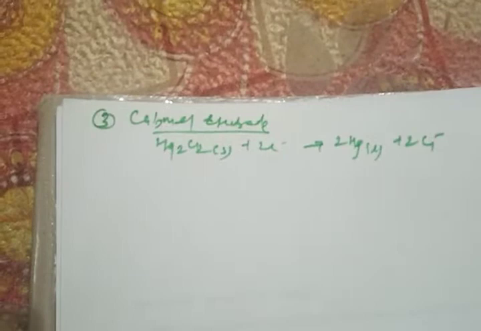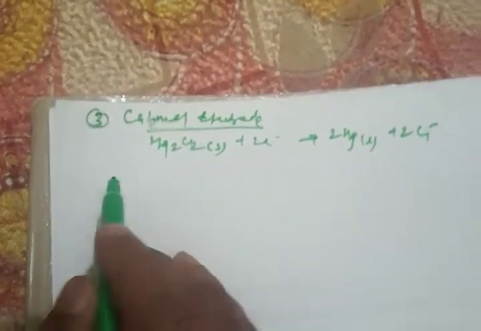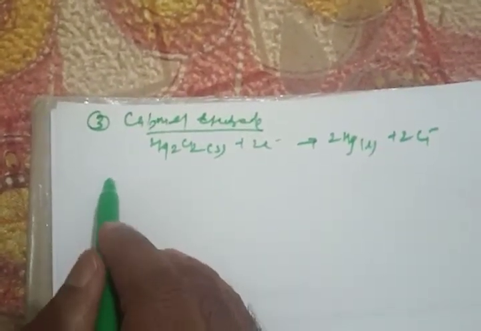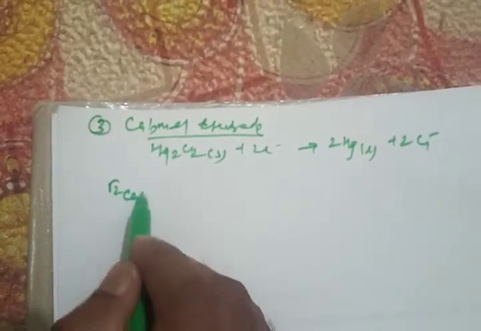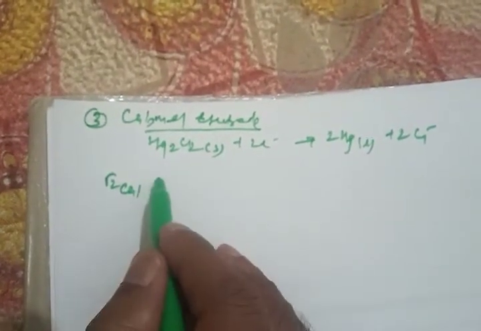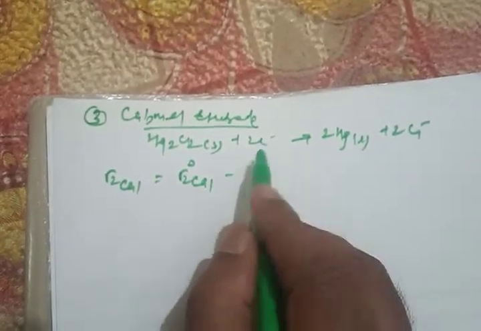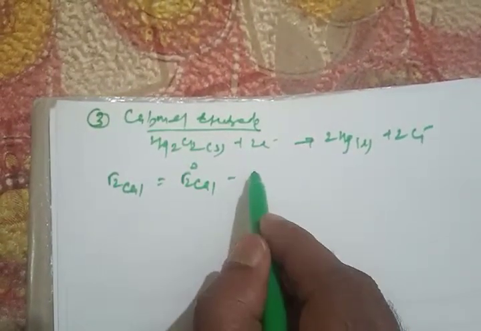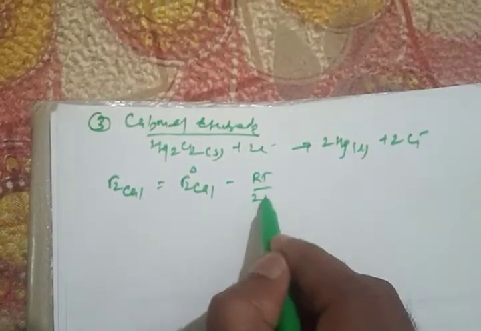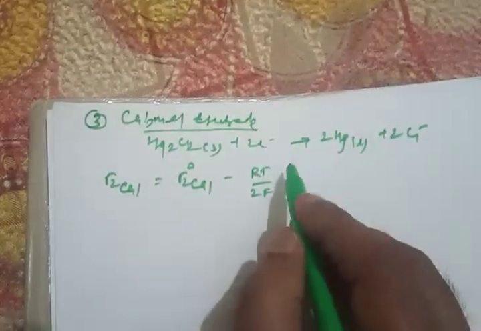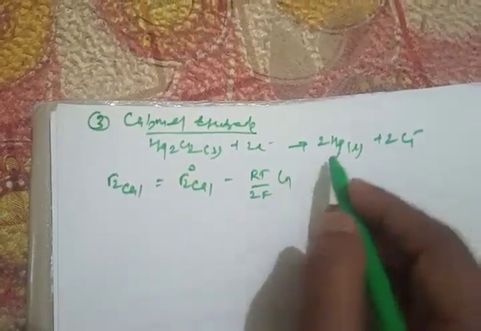So now the Nernst equation. For the Nernst equation I am writing directly here E Cal, Cal indicates calomel. E Cal equals E naught Cal minus RT upon 2F, because we have 2 electrons, then Ln.